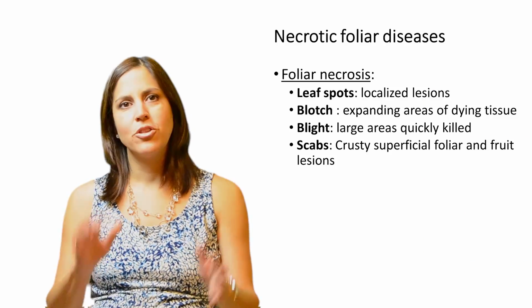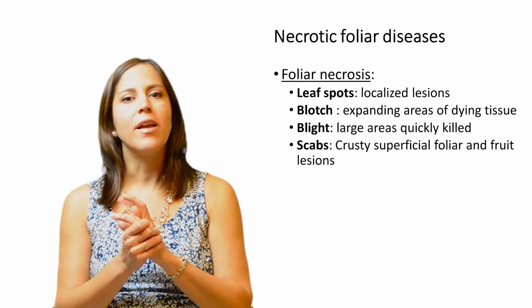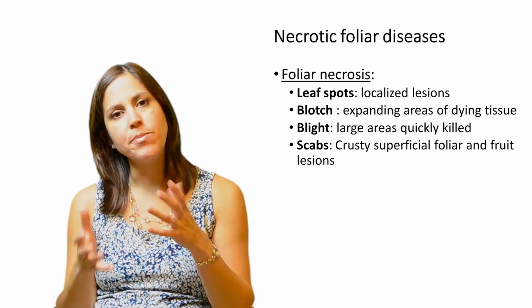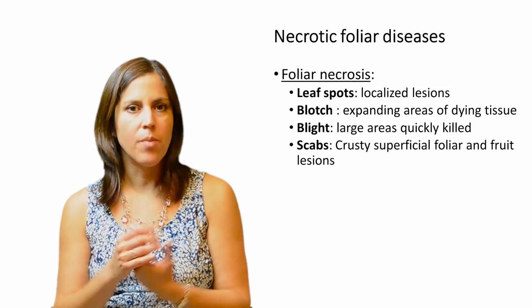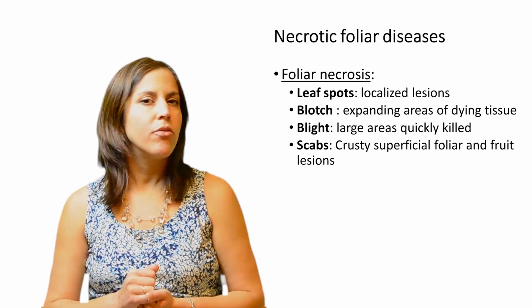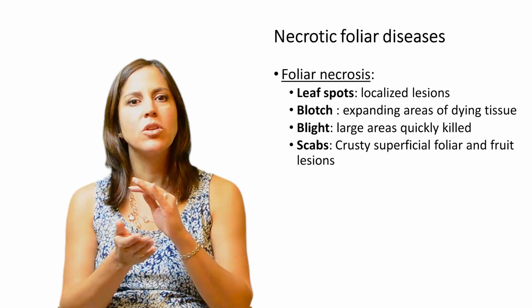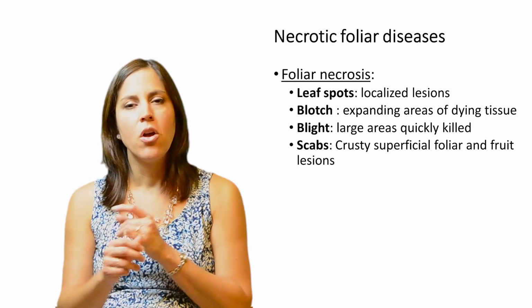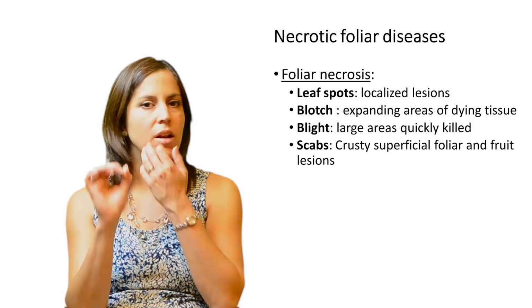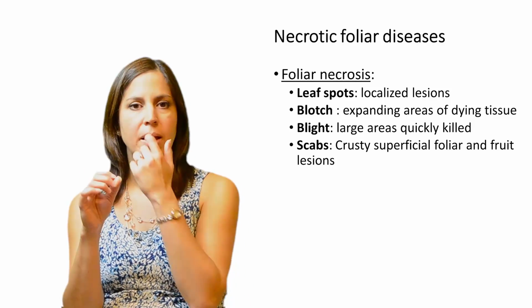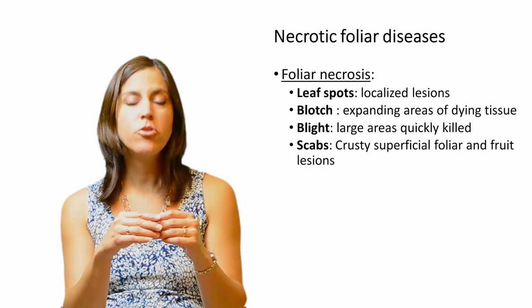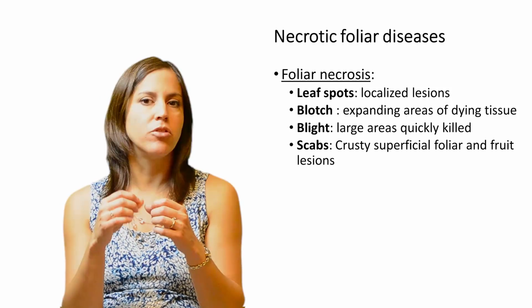So now we're going to change subjects a little bit, or I guess the type of symptoms that we're going to be talking about. Necrotic foliar diseases are a little bit different. Some of these are leaf spots, which are basically localized lesions, and then you have blotches, which are basically expanding areas of drying tissue.